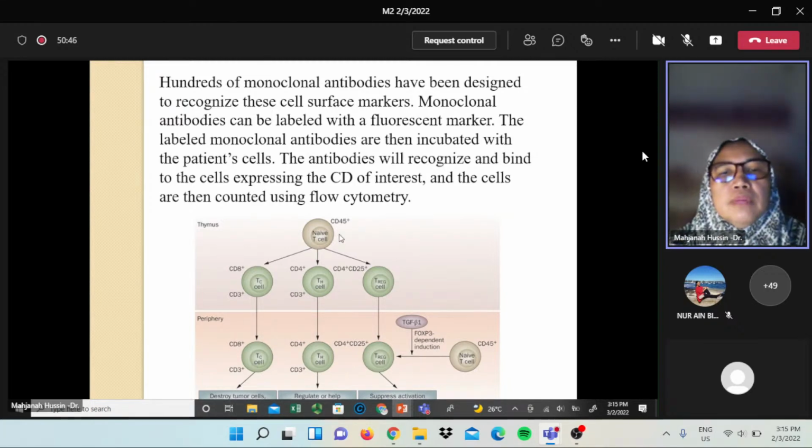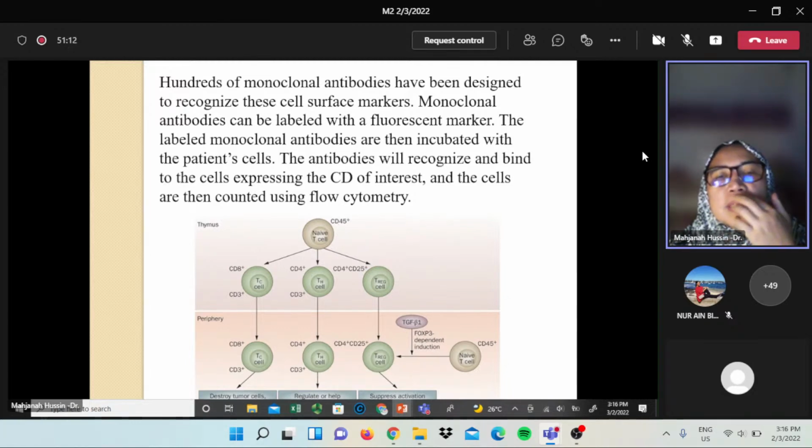With the CD45, there will be CD45, CD4, CD3. Okay, it becomes T helper. This is the one that regulates or helps activate other functions of immune system cells. If it is a T regulatory, they also have CD4, CD25 plus. Of course, they started with CD45 as well.